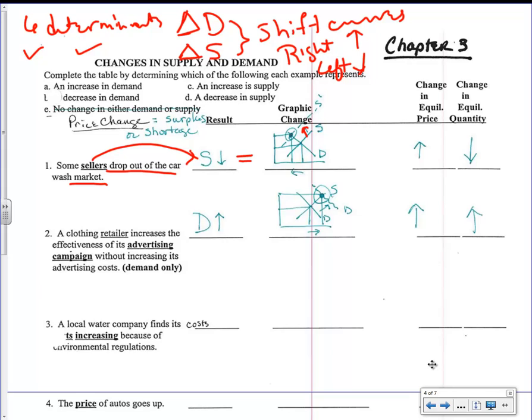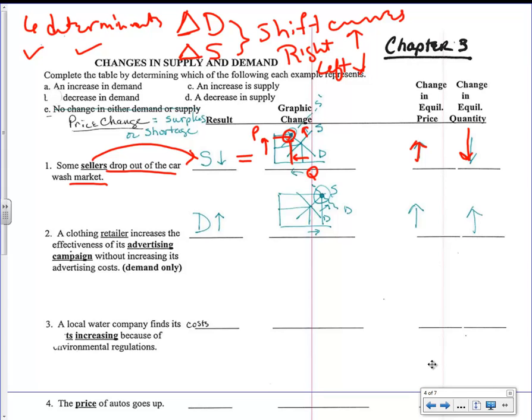So now we have a new equilibrium price and a new equilibrium quantity. The price of the product went up, the quantity of the product went down. So equilibrium price rises, equilibrium quantity falls.